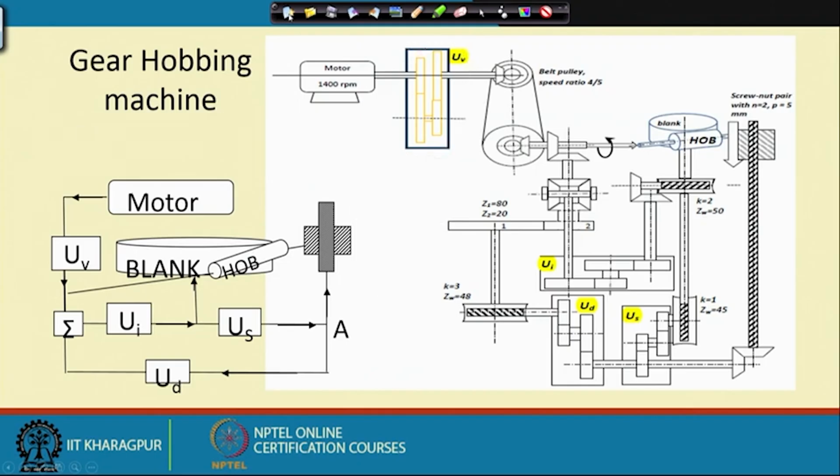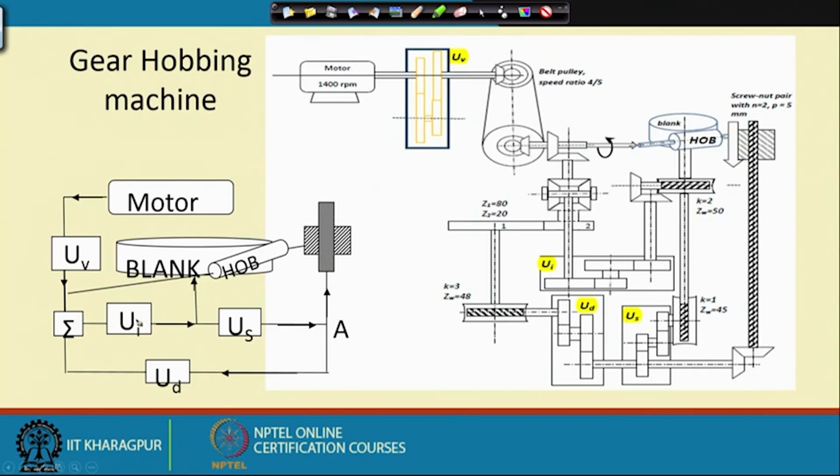Let us see in what way this figure is connected to this one. This is a schematic and this is a detailed one. Do they tally? For example, from the motor it said UV and then you come to the hob. So, from the motor UV and then through all these things you come to the hob. So, this matches. Let us take another connection, like can we find out how UI is placed here?